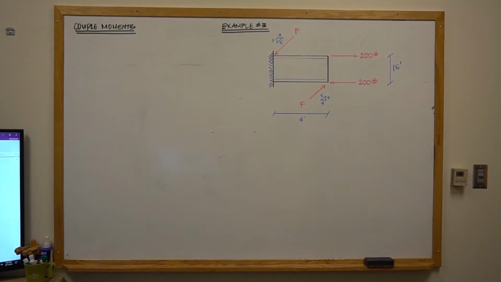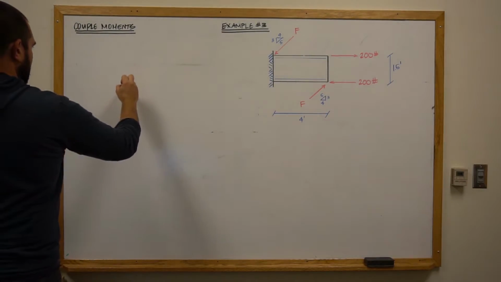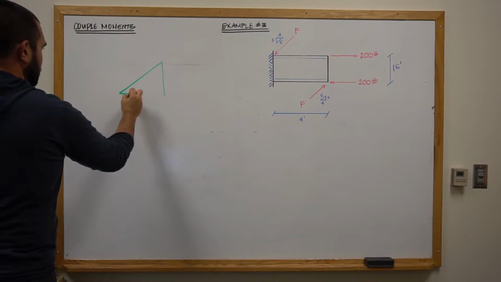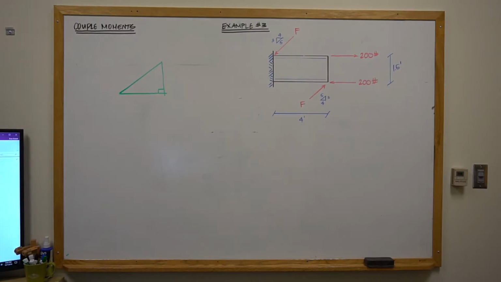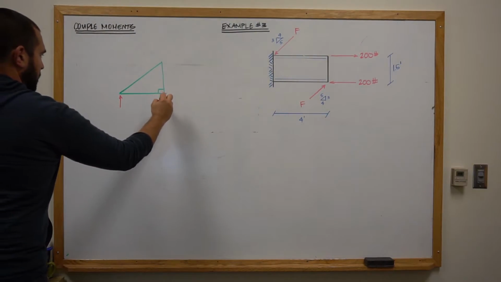So when we're dealing with a force couple, a couple things come into play that could make your life a little bit easier. So for example, over here, I'm just going to draw, let's say, a triangle. This is very similar to a homework problem that you have, a right triangle here. So let's say that I have a right triangle and I have a force couple applied to it.